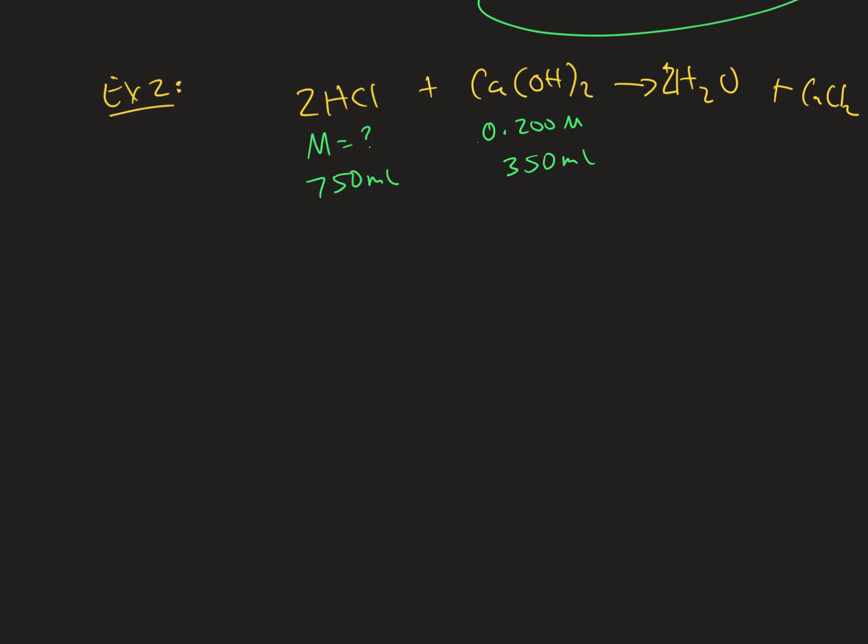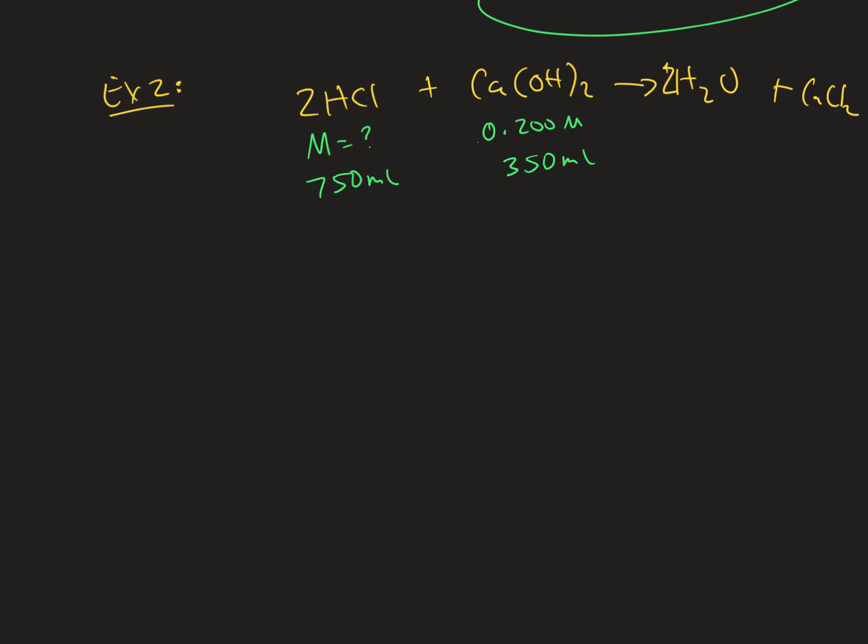Good? Should I pull the mole roadmap up? Is that helpful? Concentration, what are the units for? There's a lot of different types of concentration. Is that what you're asking? Okay. We're dealing with moles and volume, so it's going to be moles per liter, molarity.